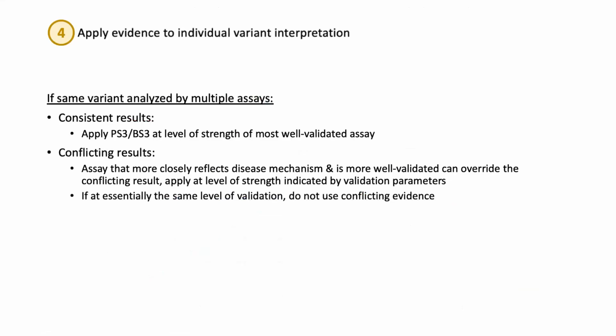If the results are in conflict, where one shows that the variant is functionally normal and another shows functionally abnormal or an intermediate result, then you want to go with the result from the assay that more closely reflects the disease mechanism and is more well validated, and it can override the conflicting result, applying that at the level of strength indicated by its validation parameters. If the two assays are at essentially the same level of validation, then you don't want to apply any of the evidence for that variant.